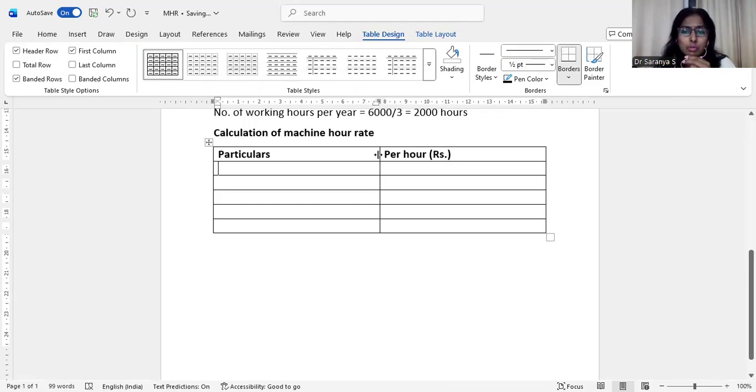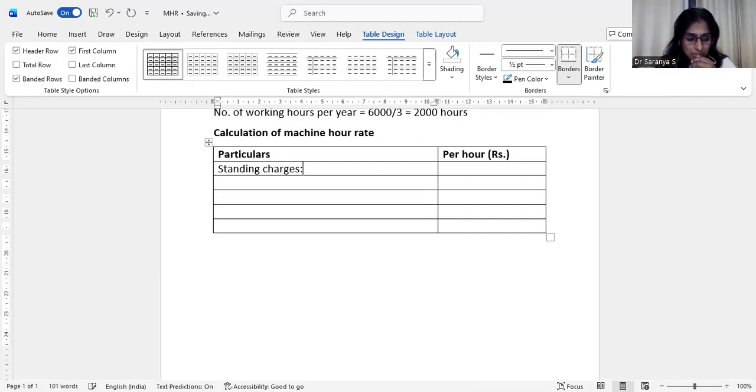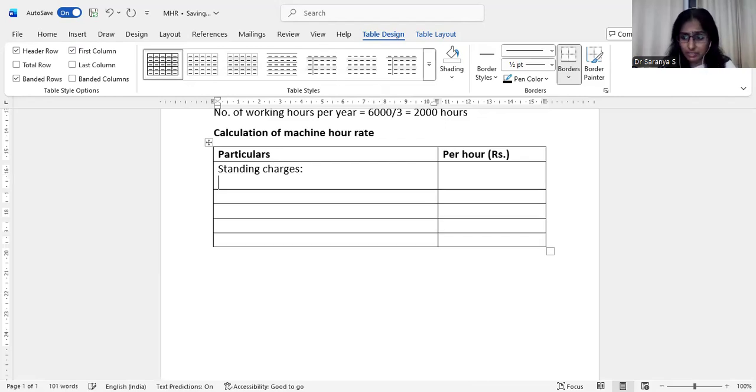Whatever expenses are given, we have to classify into two types. One is standing charges, which means the fixed charges. Another one is running charges, which means variable charges. First we will be starting with standing charges, which means fixed charges.